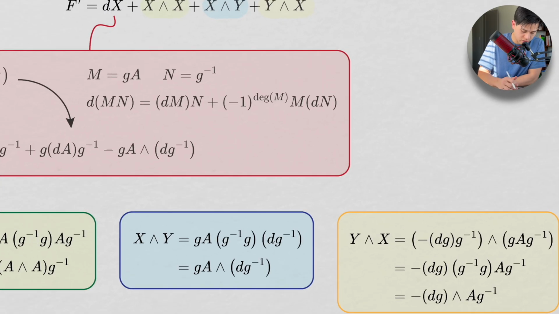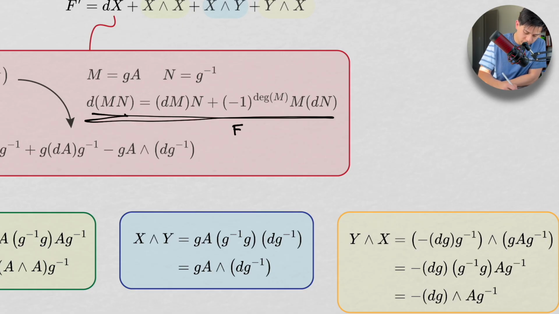So this is a general exterior derivative, the exterior derivative for a Q form product with a P form.